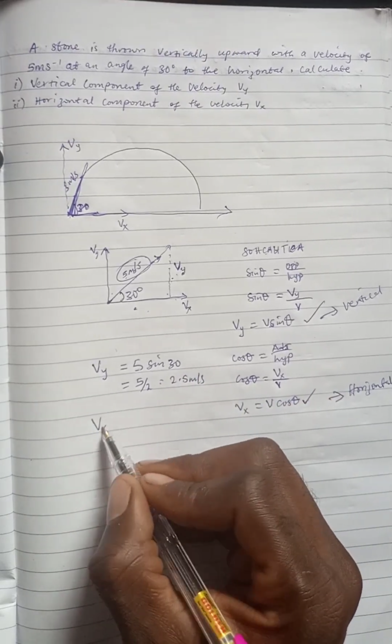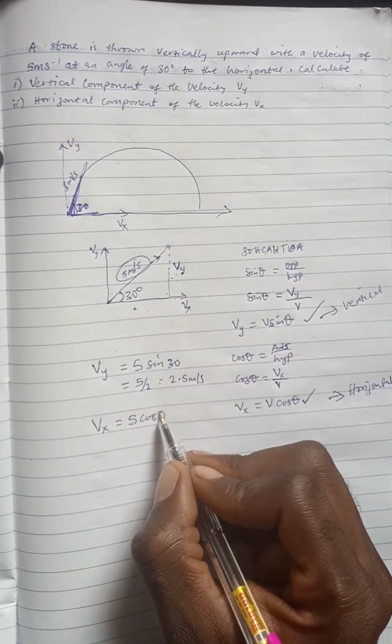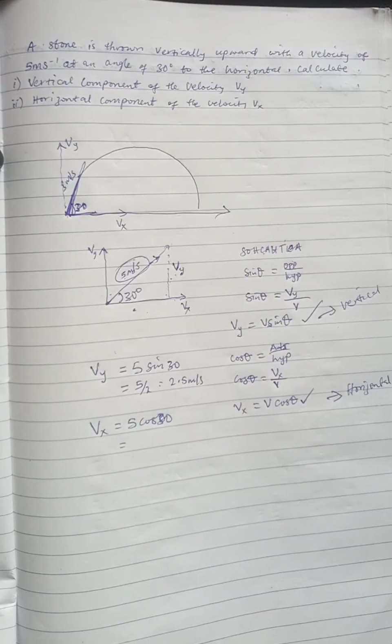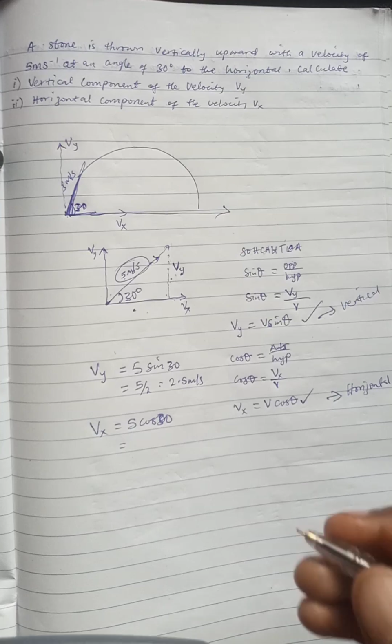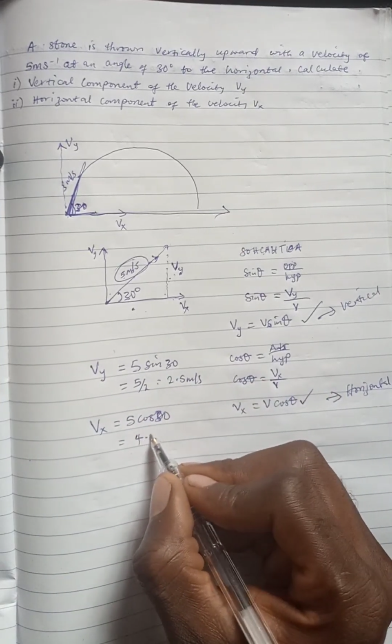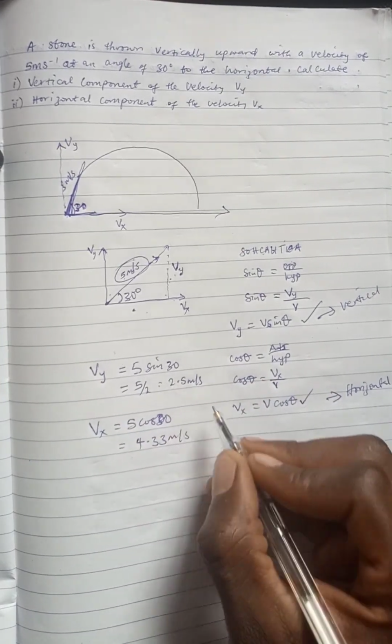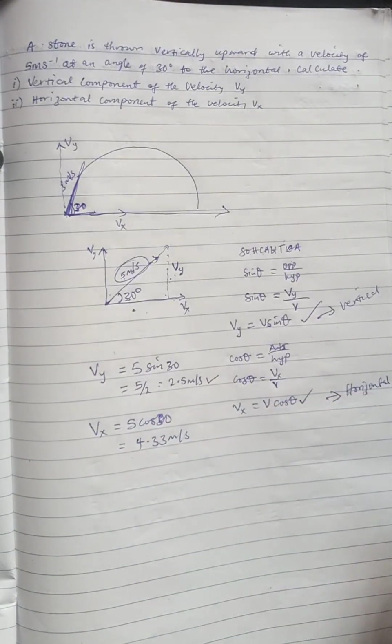What's our horizontal? Vx will be 5 cos 30, which will give us 4.33 meters per second. So this is our vertical velocity, and this is our horizontal velocity.